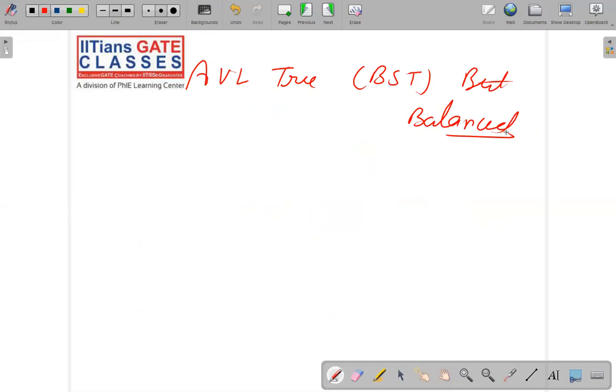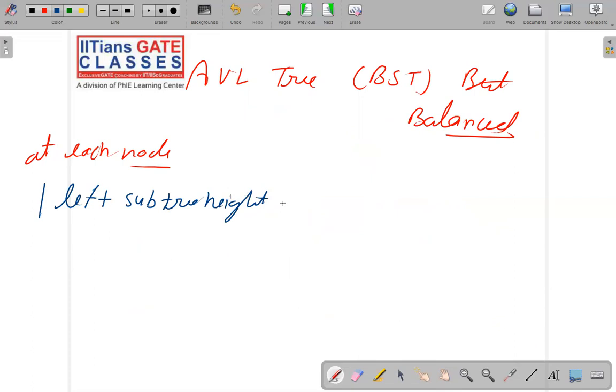Balanced. What does it mean by balanced? At each node, remember this formula: modulus of left subtree height minus right subtree height can only be 0 or 1. Okay, that is why I made you calculate height. I explained what a height is. If you don't remember what the height of a node is, you can go back and check the program as well as the explanation.